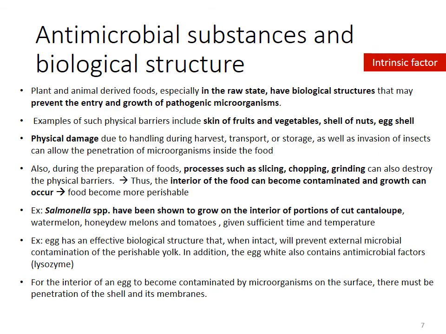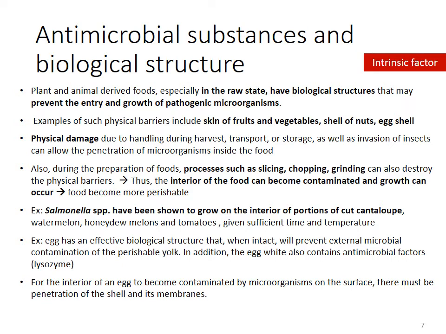So the next factor is the antimicrobial substance and biological structure. In the natural or raw state, plant and animal derived foods have biological structures that prevent the entry and growth of pathogens.